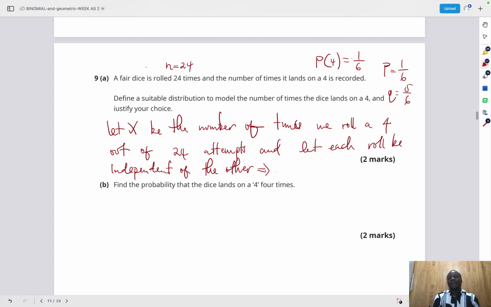That would then imply that x follows a binomial distribution with the total number of rolls 24 and the probability of success being 1 out of 6. This is how you get the first 2 marks.